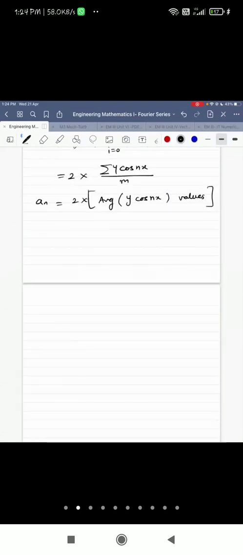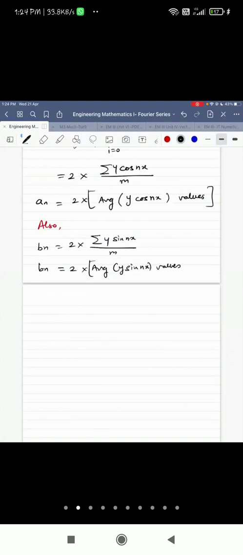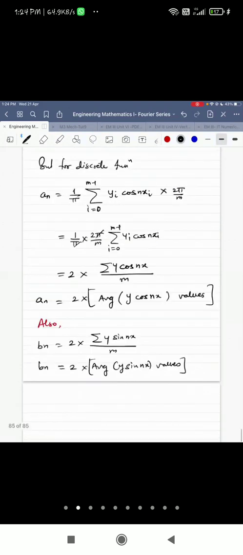So similarly, we also have bn, which is 2 into the average of y sin nx values, that is 2 into summation y sin nx upon m. So harmonic analysis is very simple.